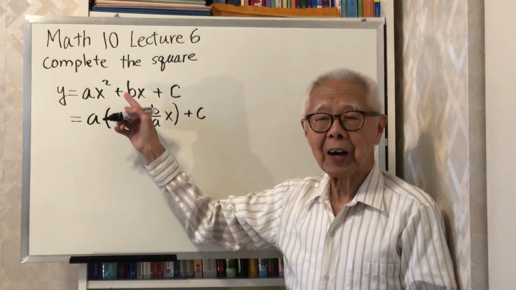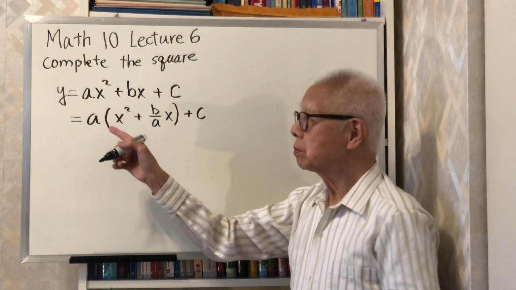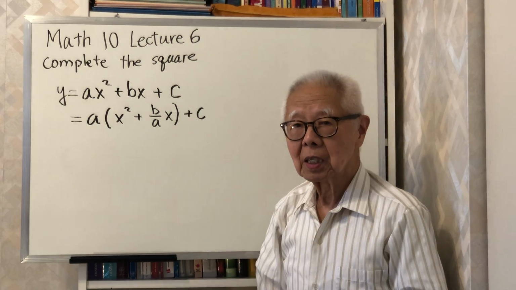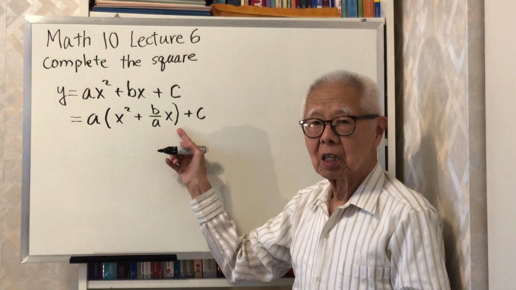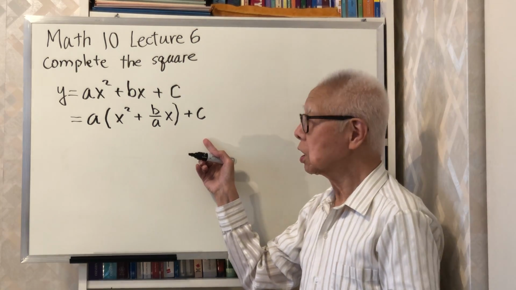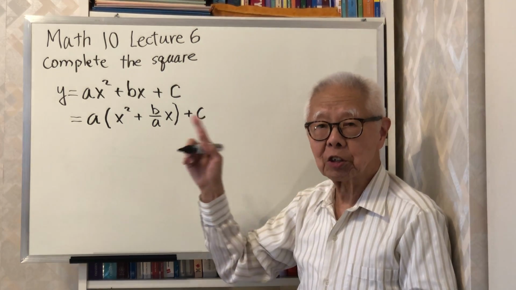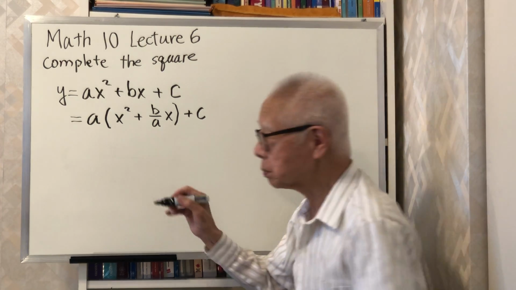First, we factor out a. And then we move this bracket a little bit away to the right-hand side and leave a space inside.